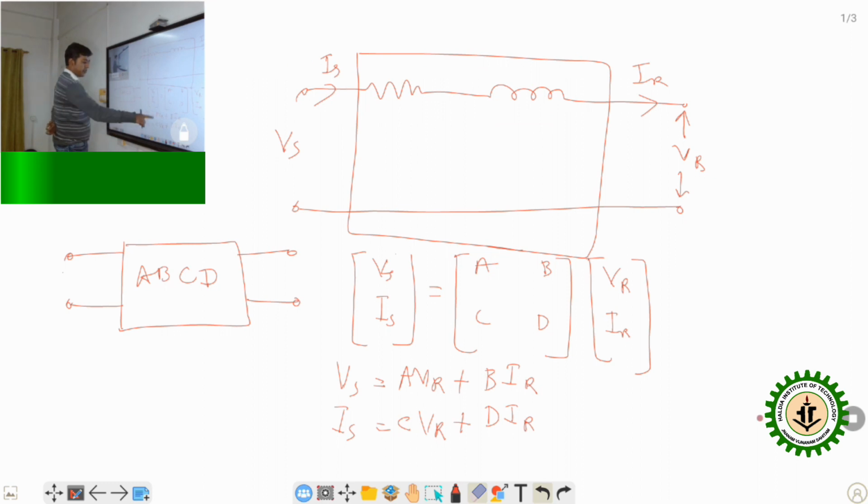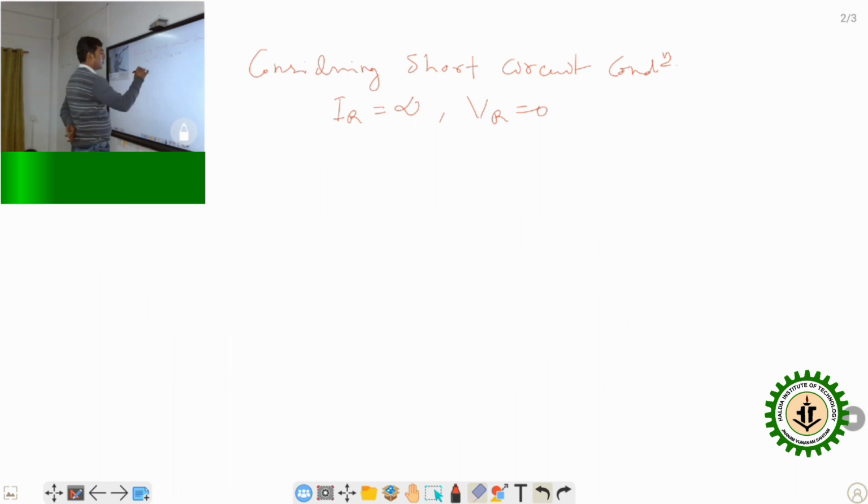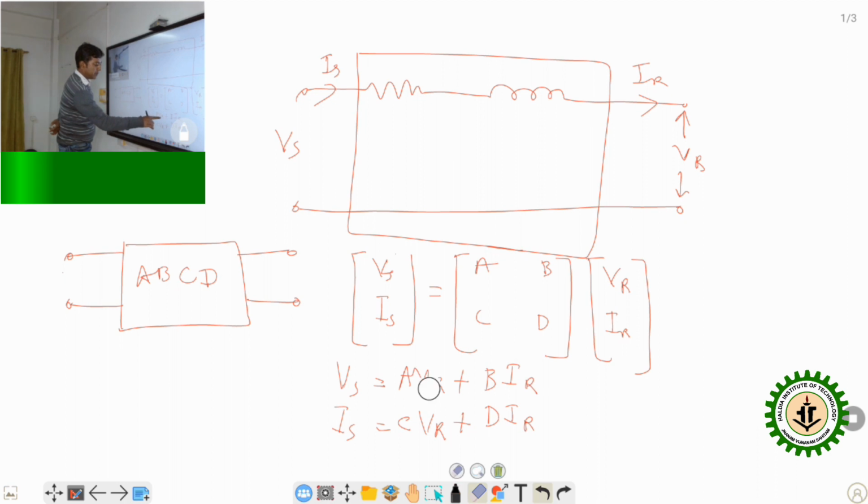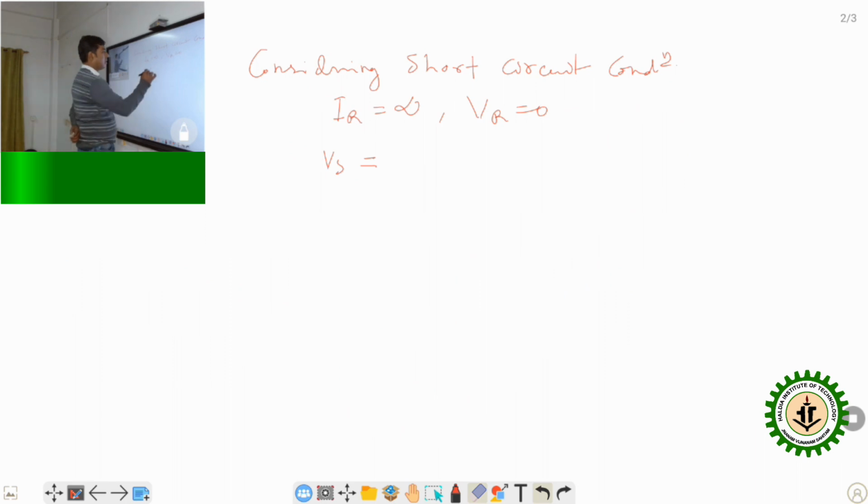So in this equation, if we put VR as 0, what do we get? The VR part is 0, so we can write Vs equal to B IR. That means B equals Vs divided by IR.